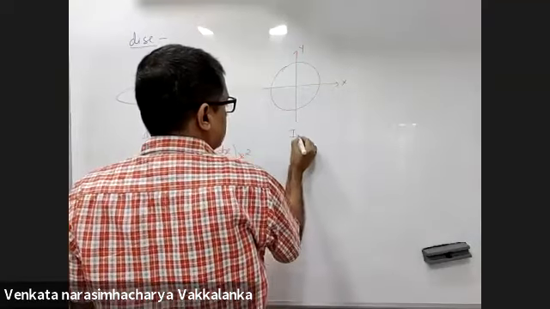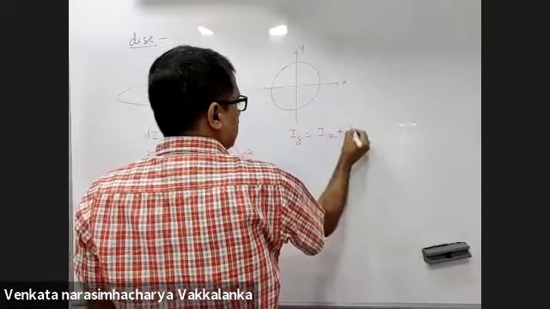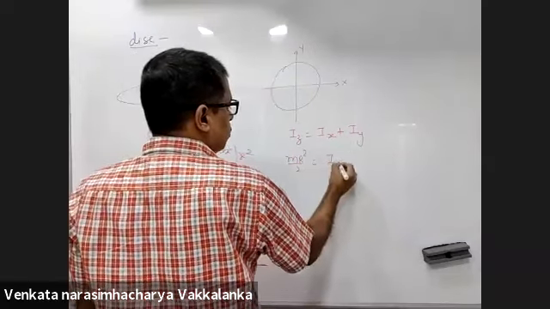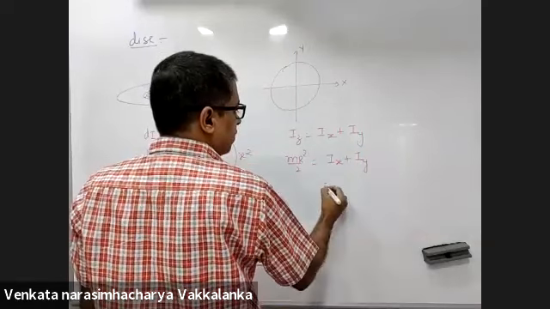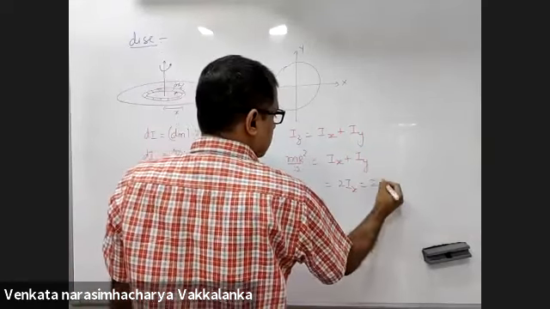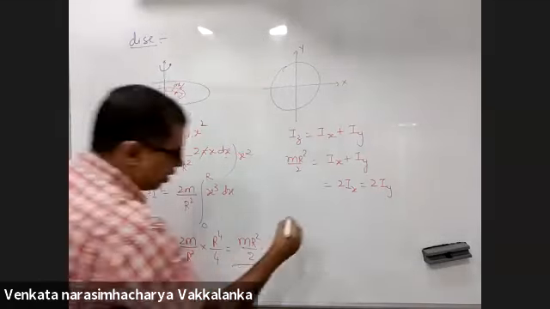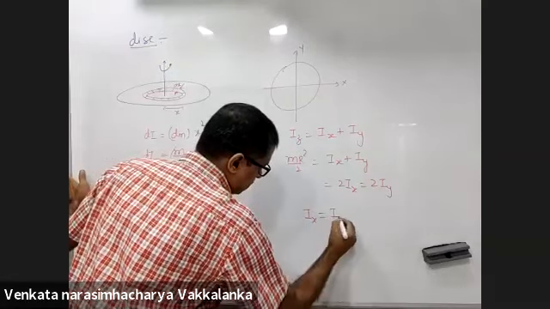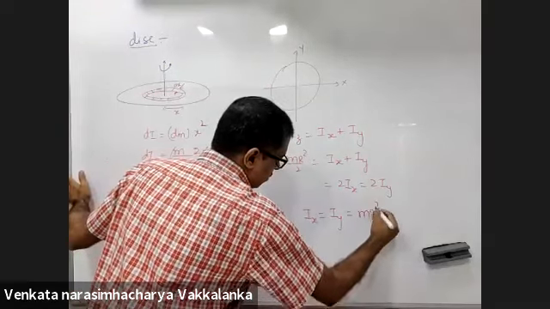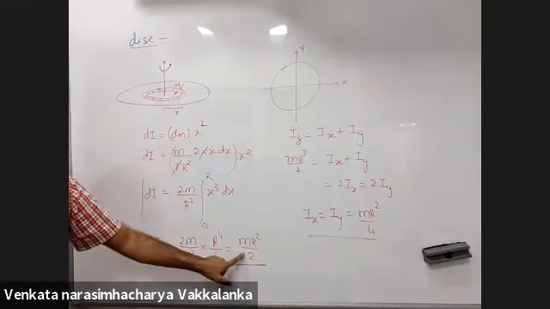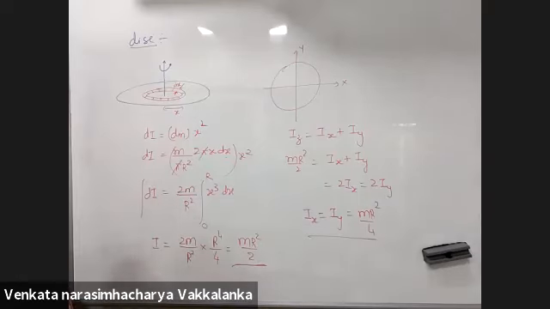M r square by 2 is Ix plus Iy. This is 2 times Ix or 2 times Iy, because by symmetry Ix is equal to Iy. Ix is Iy is M r square by 4. Most used moment of inertia formula.